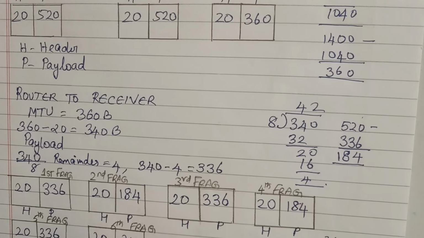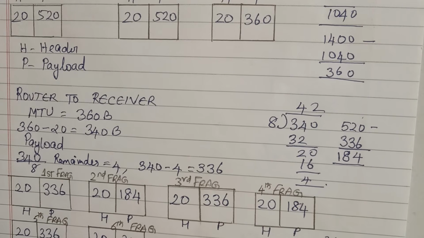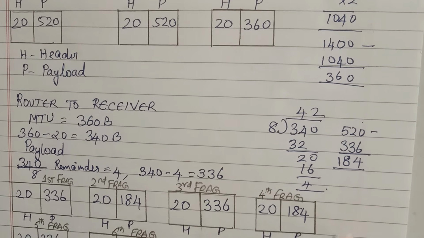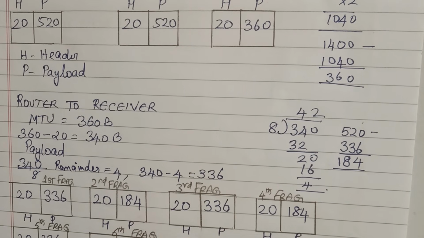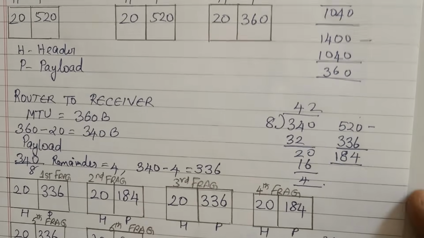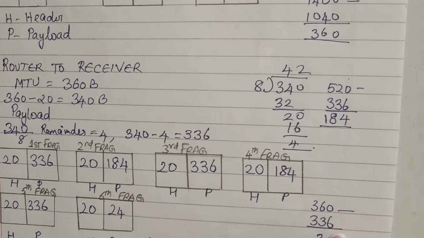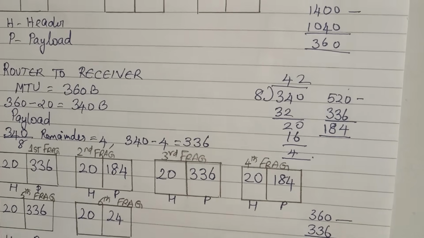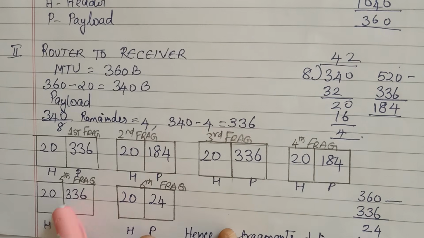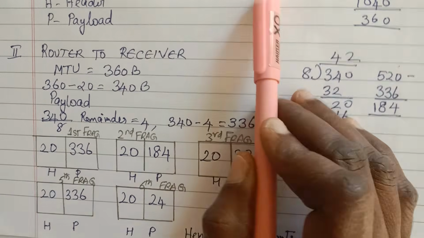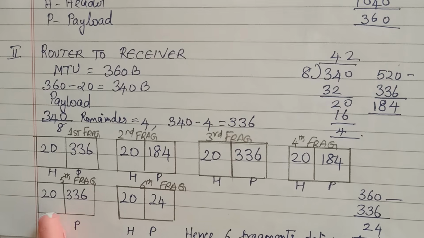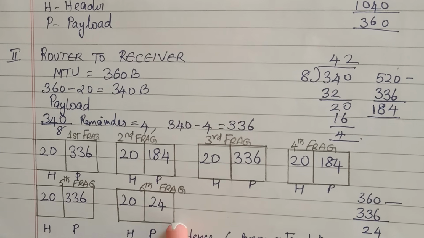For the last part, the payload is 360 minus 336, which is 24. So the third fragment is fragmented into 20 and 336, and 20 and 24.